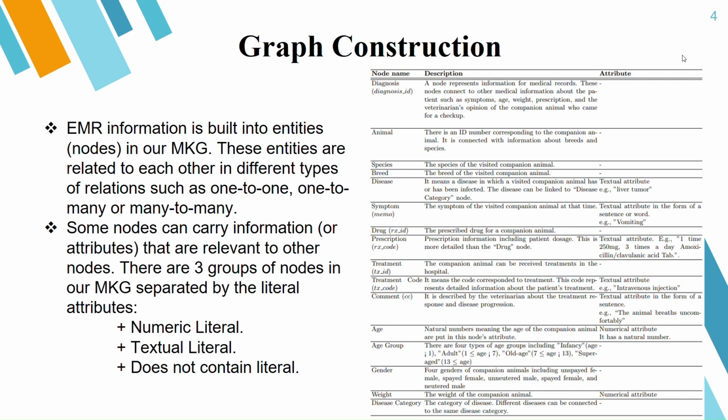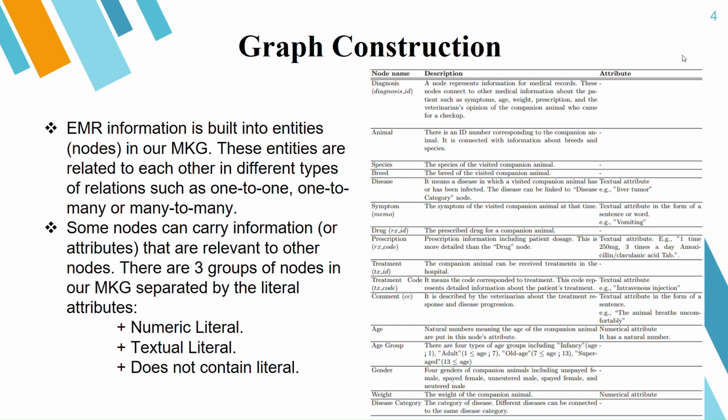This information is text, and it can be relevant to other nodes in the graph, such as the disease. It is a disease with which a visitor's companion animal has been infected.